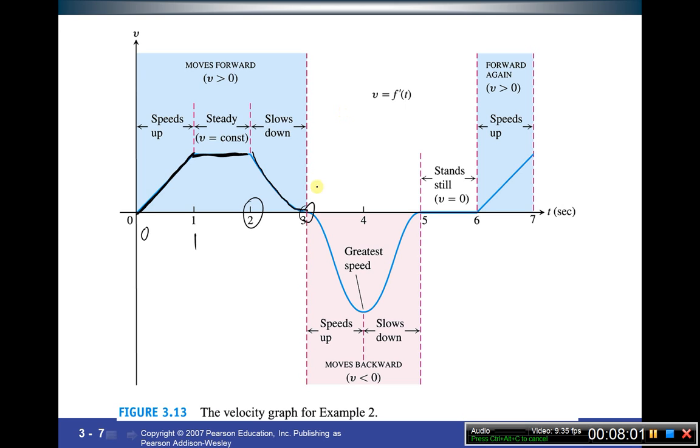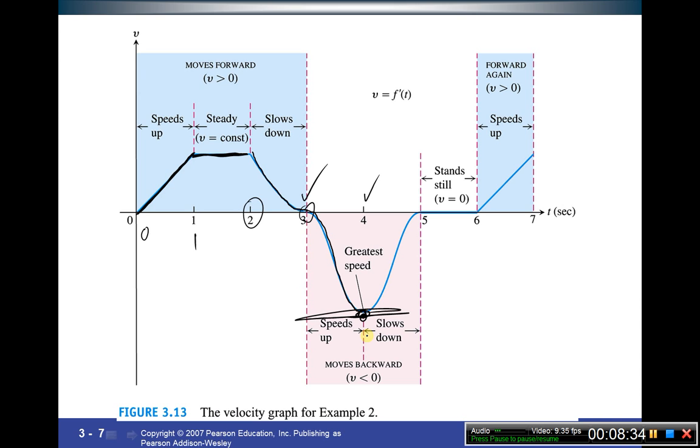Now between t equals 3 and t equals 4, you can see that the body is headed in the other direction. Its velocity, in absolute value at this particular point, is the fastest that it has been so far, and in fact, looking at the graph here, it's the fastest it will get.